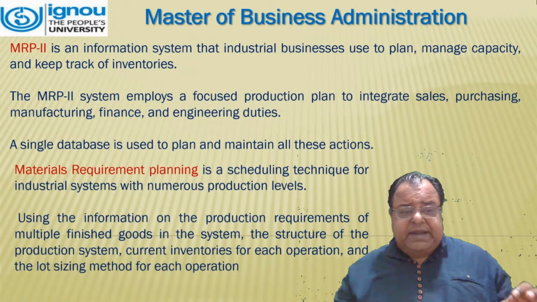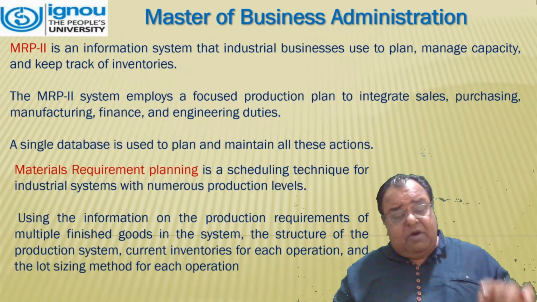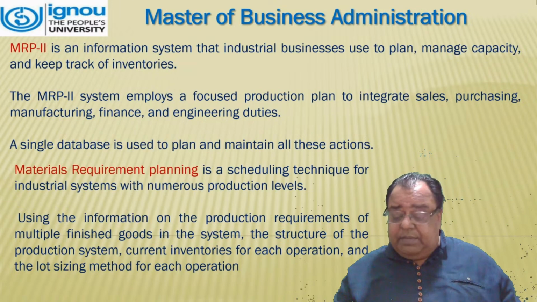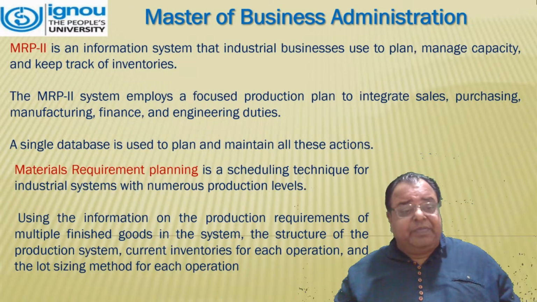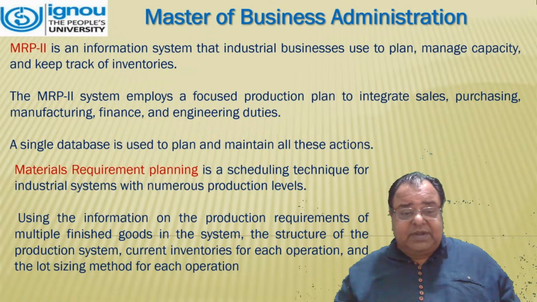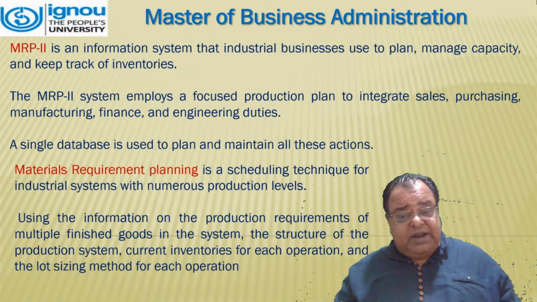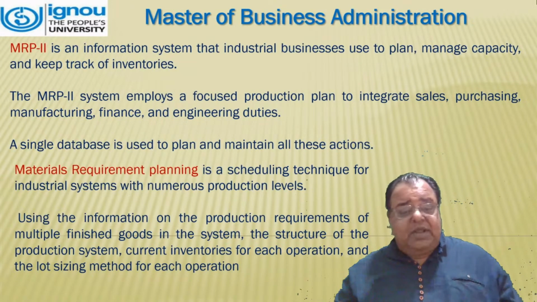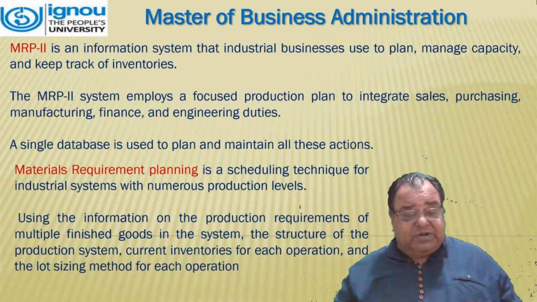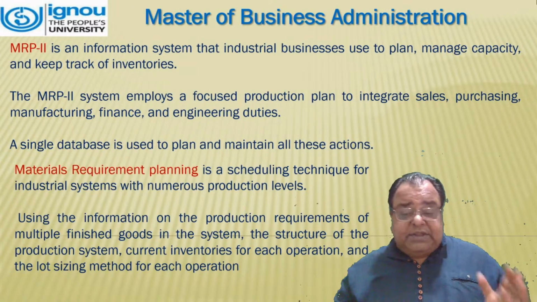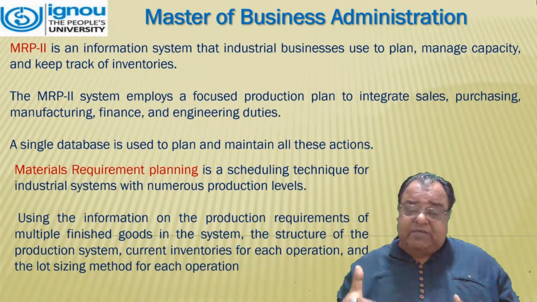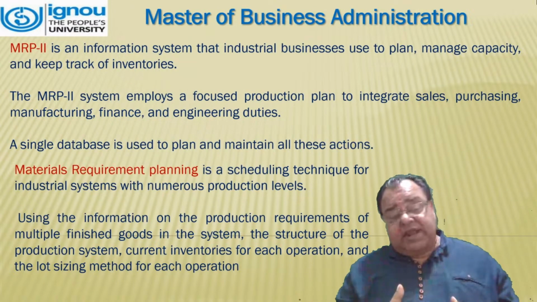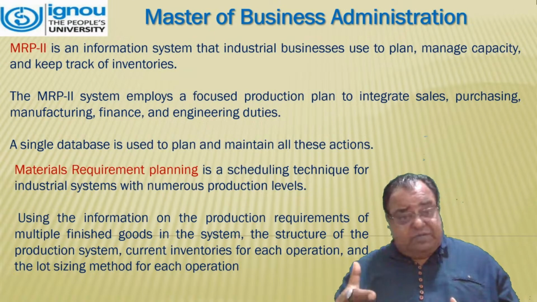A single database is used to plan and maintain all these actions. Material requirement planning is a scheduling technique for industrial subsystems with numerous production levels. Using the information on production requirements of multiple finished goods in the system, the structure of the production system, current inventories for each operation, and the lot sizing of each operation has to be studied.